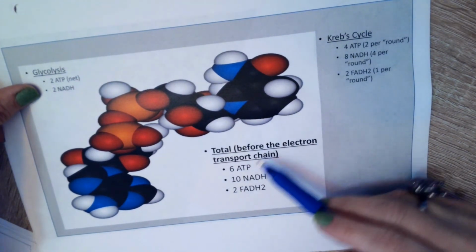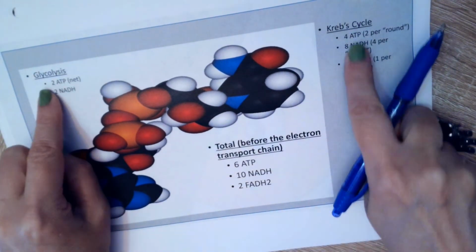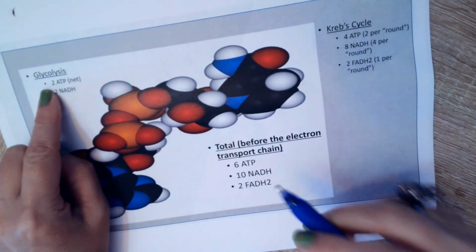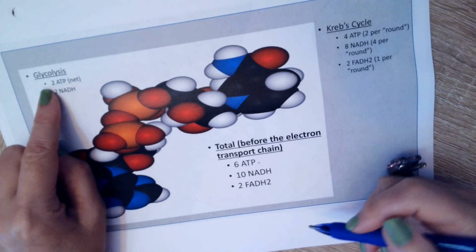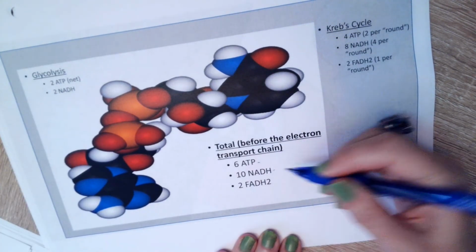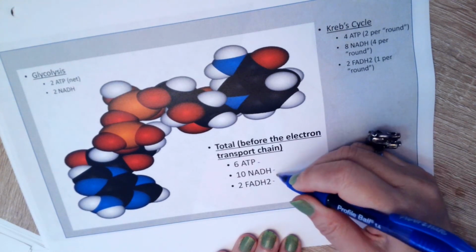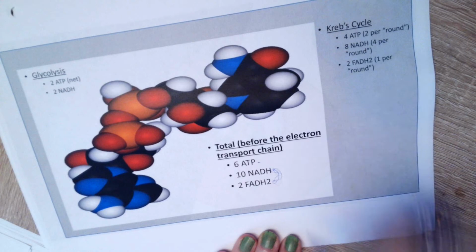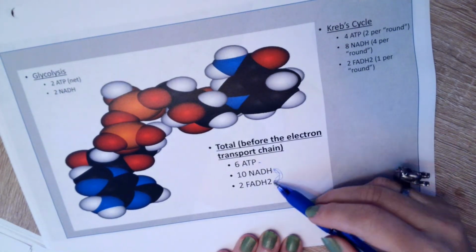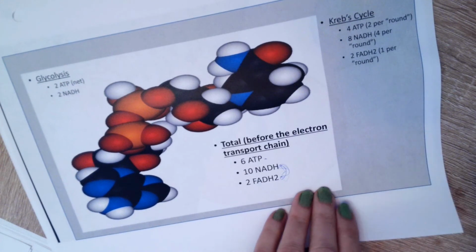So before we hit the electron transport chain, if we just add up glycolysis and the Krebs cycle, we got 6 ATP. Still, not a whole lot going on there. We got 10 NADH and we have 2 FADH2. These are where we're going to get a lot of energy from because these are what are going to go to the electron transport chain.